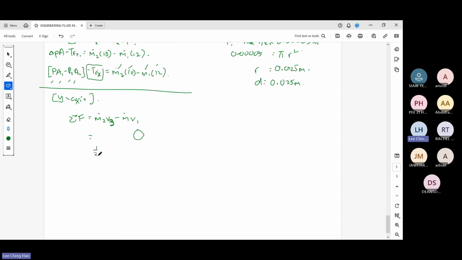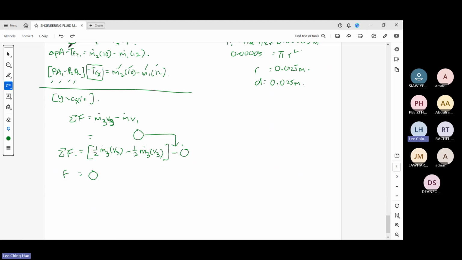So you will say half m dot, that has velocity 3, minus half m dot with velocity 3. So minus 0, this 0 is 0. Equals to the summation of F. So F equals 0 because both are the same.